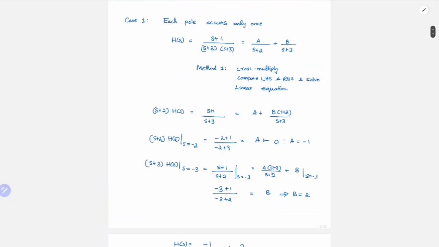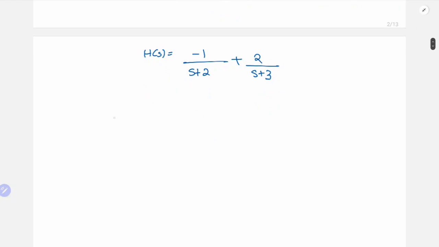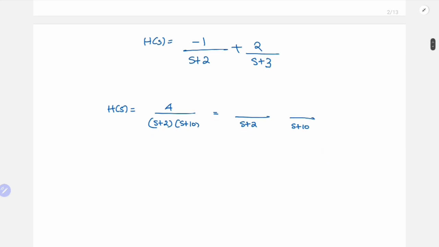So this way, for single poles, if you have only one of the s term or the constant term in the numerator, there is an even much simpler way. So H(s) is equal to, let's say, any number I can take, 4 by (s+2)(s+10). Now I want it in the form of 1/(s+2) minus 1/(s+10). If you see my previous video, I have solved it much faster.